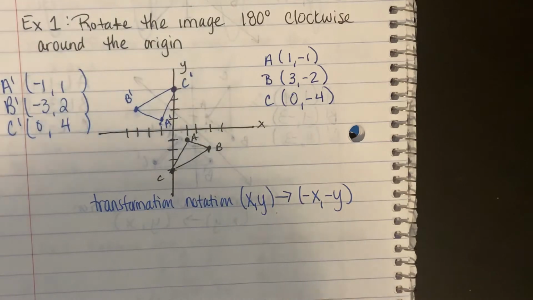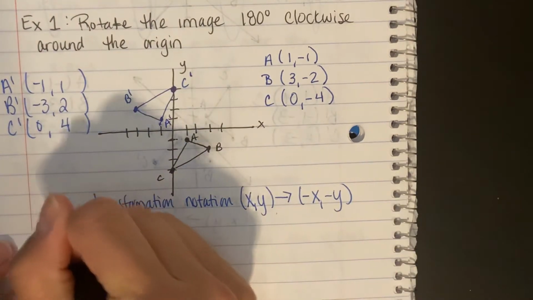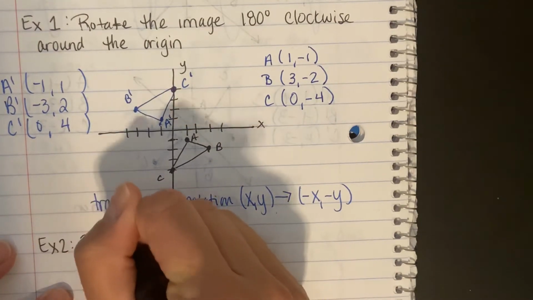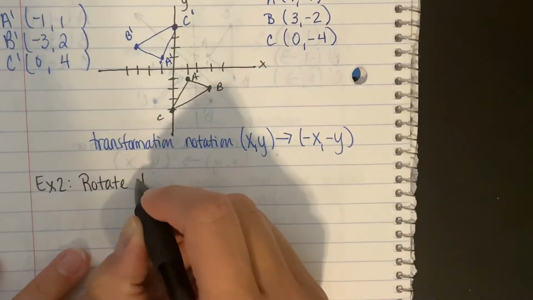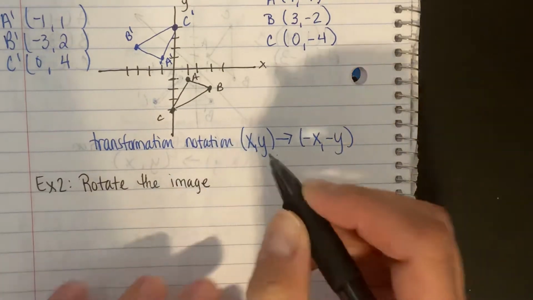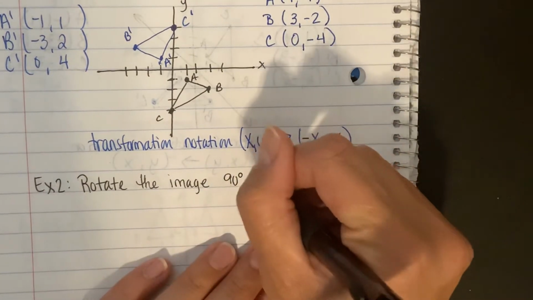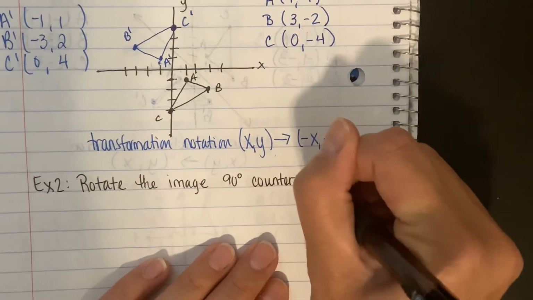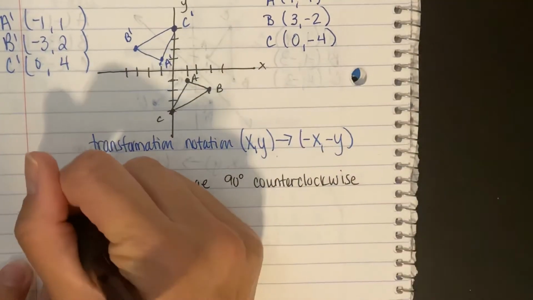All right, example 2. We are going to rotate the image 90 degrees counterclockwise around the origin.